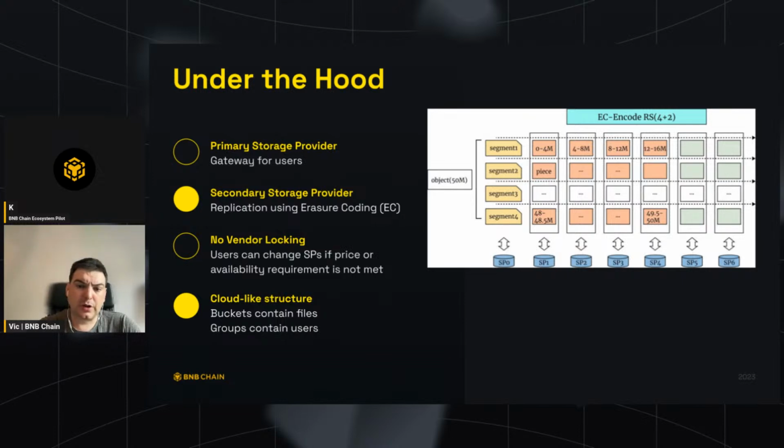If you are building a client-facing application, something like Spotify, Dropbox, or any other variation, then essentially it's irrelevant. You just upload the file. There is no vendor lock-in in that sense, so you can change the primary storage providers.